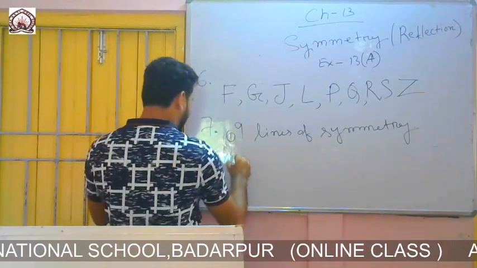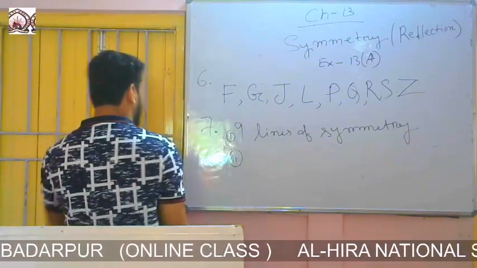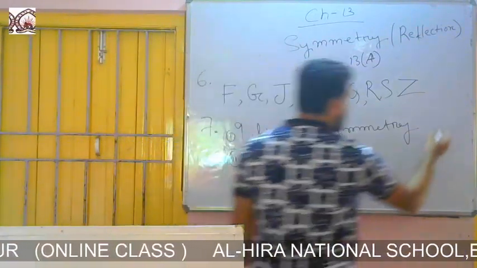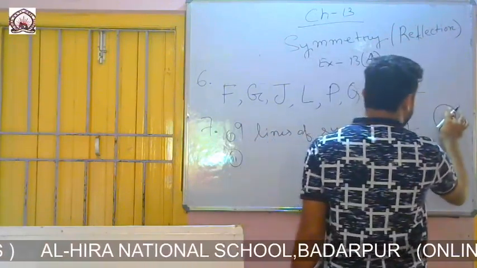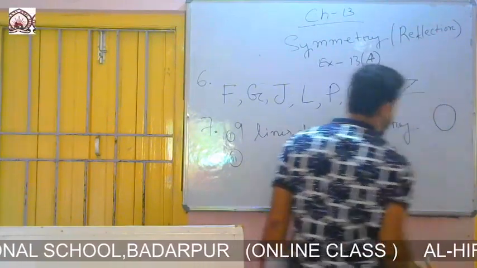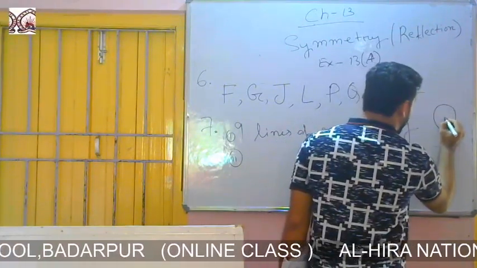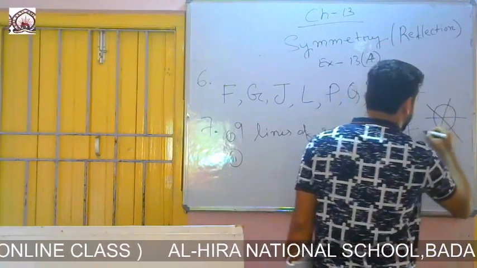Number 2, you see the English letter O. That means O can be written as a circle. And in a circle, if I give a point, then I can draw many symmetrical lines.